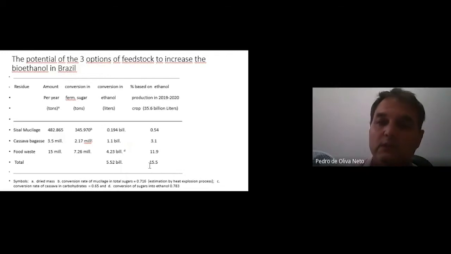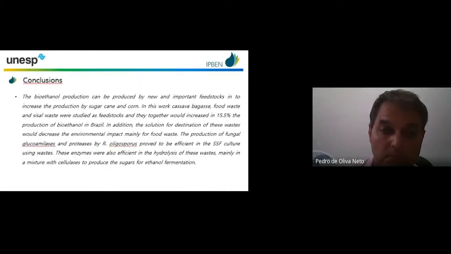So it's not low, it's a good number. We can improve the ethanol production only with these three options. We have more. So it's important to study these new options of feedstock and include them in our technology of ethanol production in Brazil. This is our conclusions.